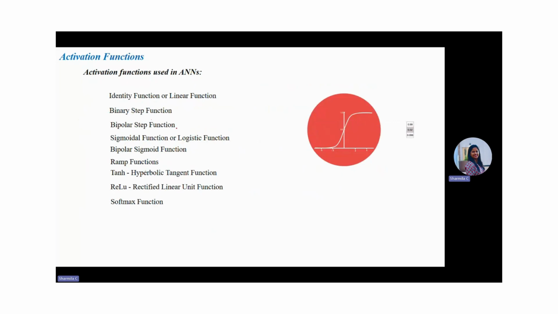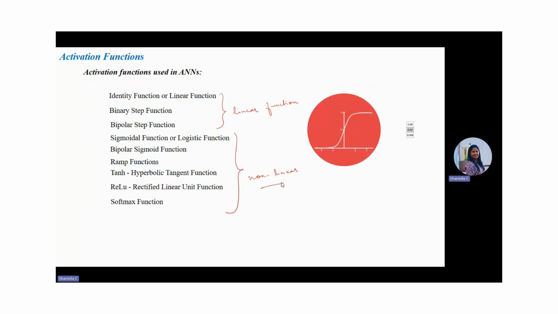The first three are used whenever we are working with linear problems, whereas the other activation functions are for non-linear problems.